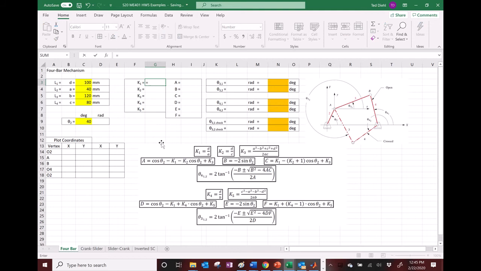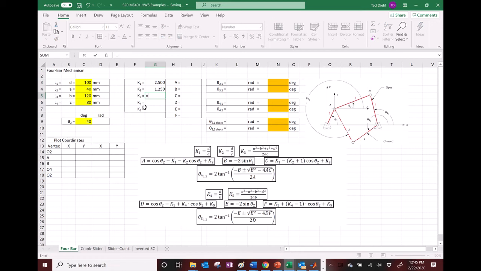So K1 is D over A. K2 is going to be D over C. So exciting, D divided by C. Great.